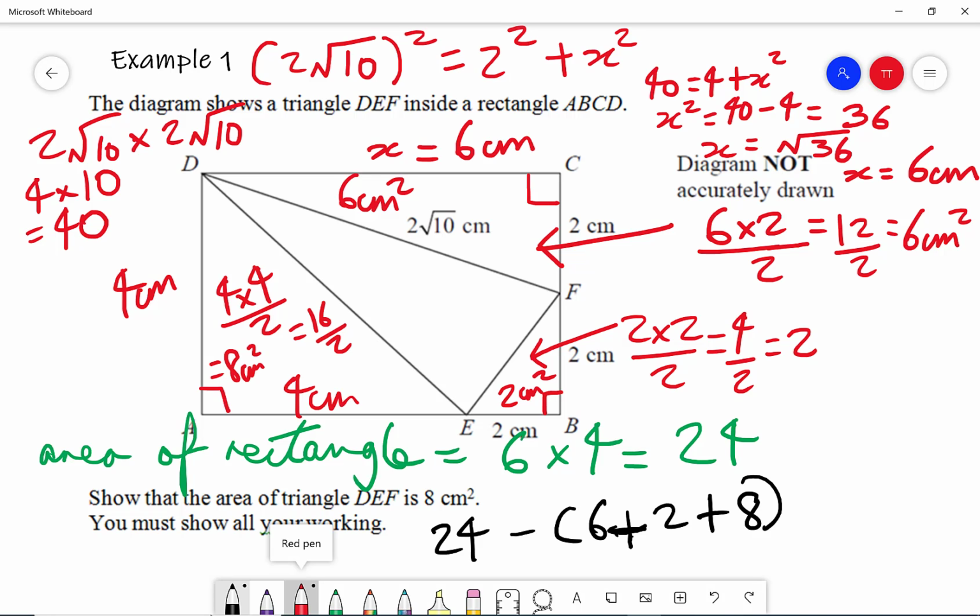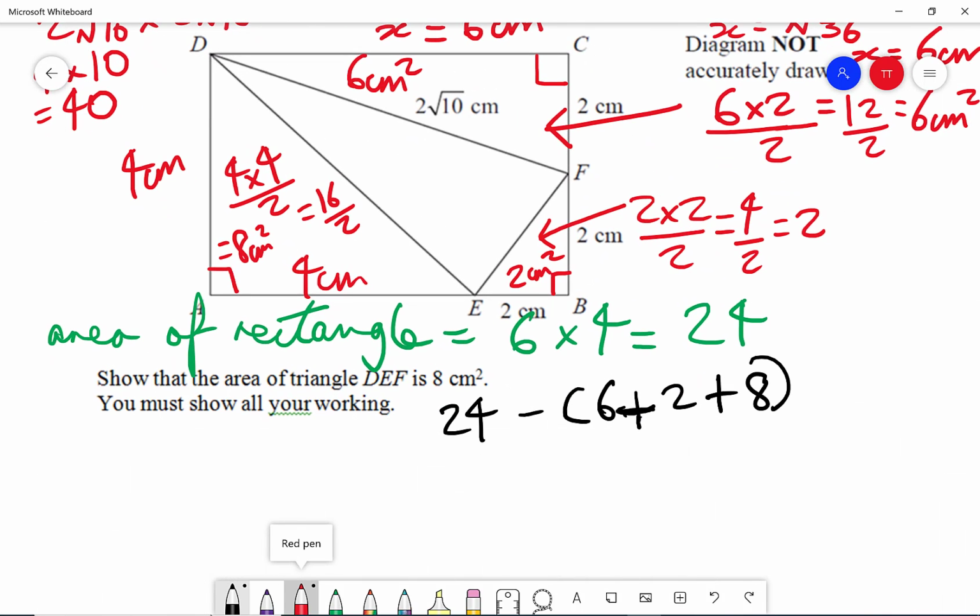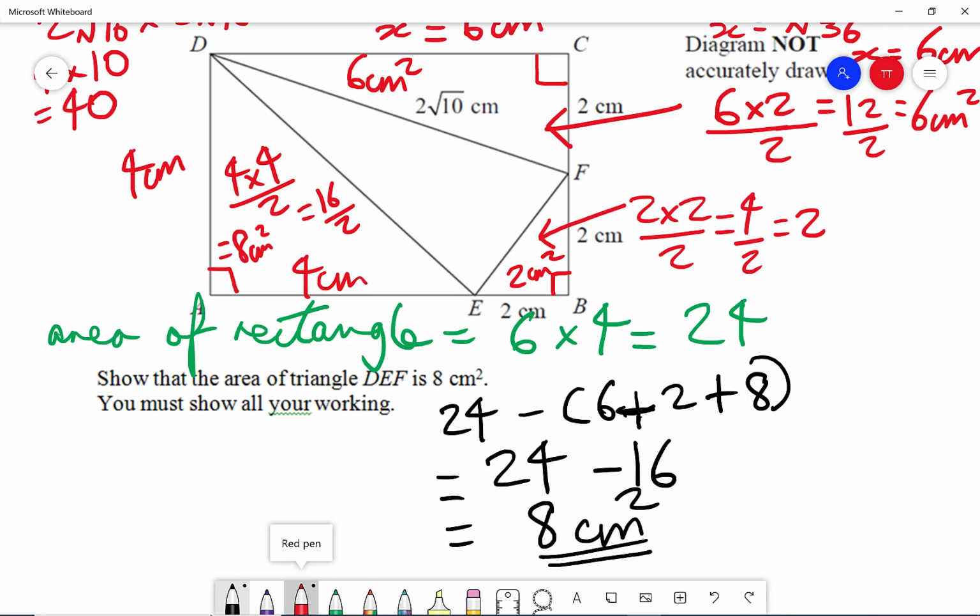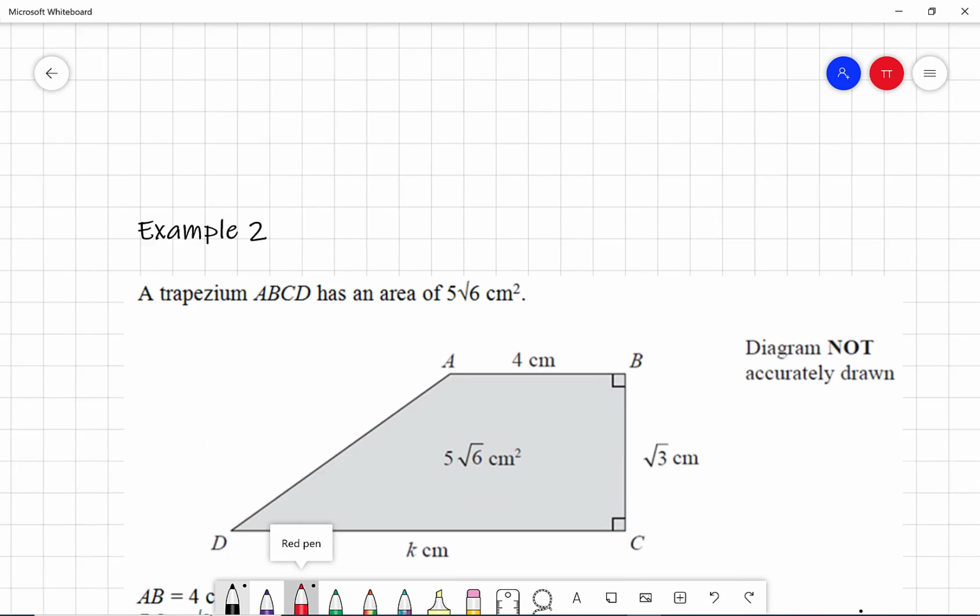And then that's going to give me 24. 6 plus 2 is 8, plus another 8 is 16. And then 24 minus 16 is 8 centimeters squared. And that's what I was required to show.